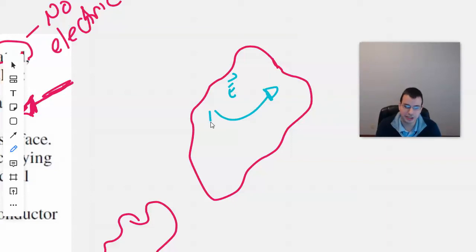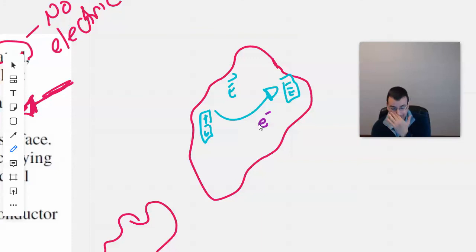So it's the same as having positive charges here and negative charges over here. And so we have a random electron hanging out right here.